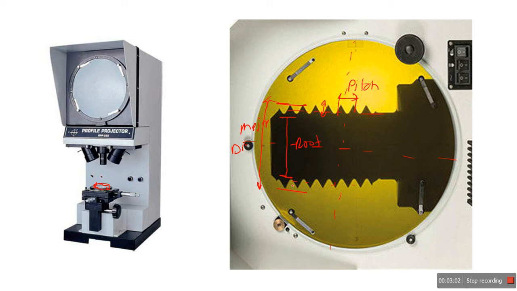We can pass the horizontal line through the center of this thread. Then from this line to this line we can measure, and we can get the effective diameter also. So how to measure? Let's go directly through that demonstration.